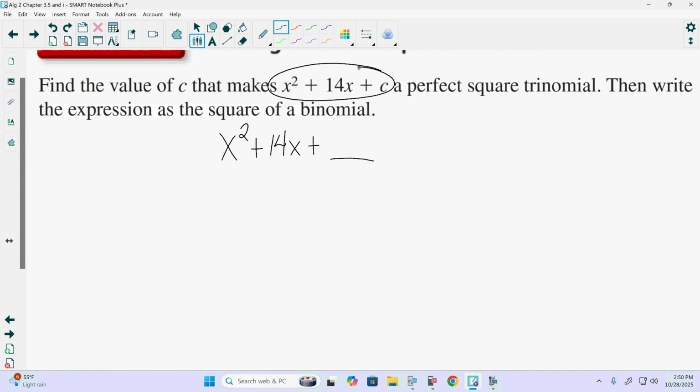Now to be able to do this, we need one piece of information. The fact that the value of c is equal to b over 2 squared will give us the value of c we need to have this perfect square trinomial.